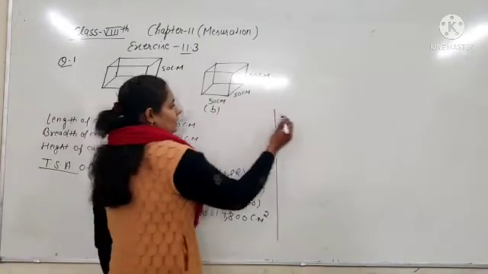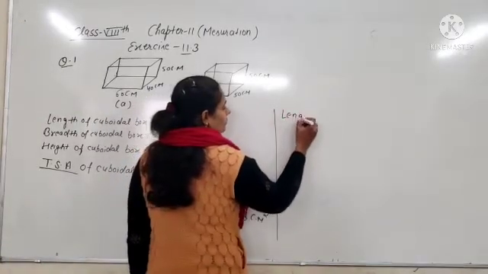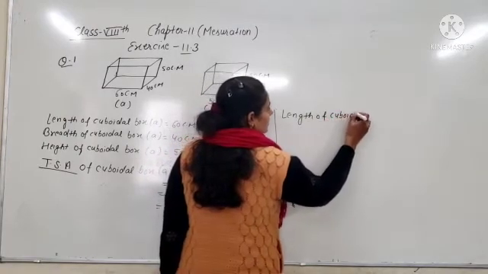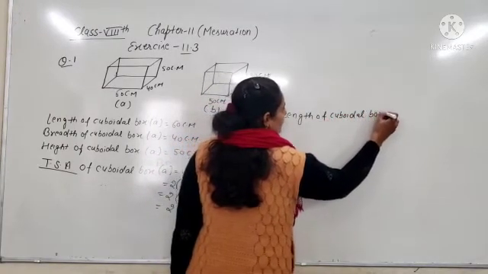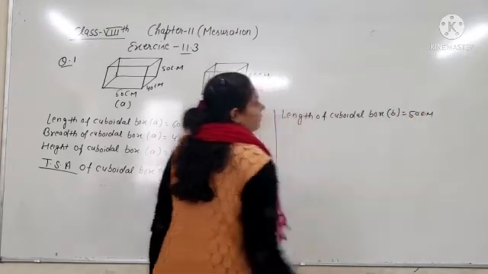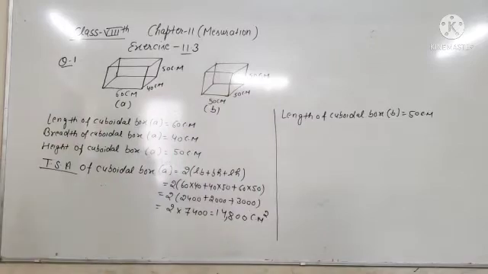Okay, so now you will write down the length of cuboidal box B is equal to 50 centimeter. Okay, the length of cuboidal box B is 50 centimeter.